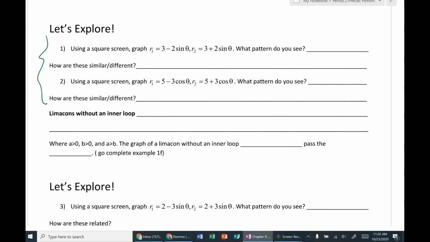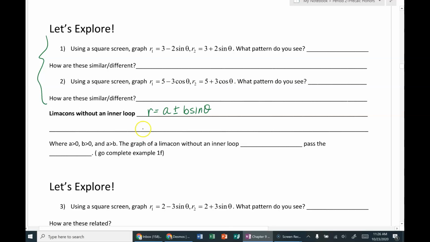Okay, again, so this is red. Limacon without an inner loop. So we will have equations. r equals a plus b sine theta or a minus b sine theta.